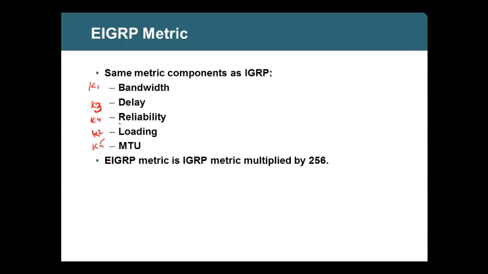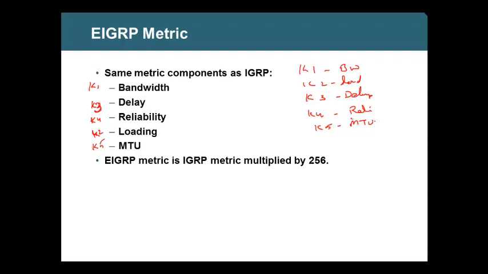This is not in order, so usually it is K1 bandwidth, K2 load, K3 delay, K4 reliability, K5 MTU. This is how it will be. Right. So this is the order.